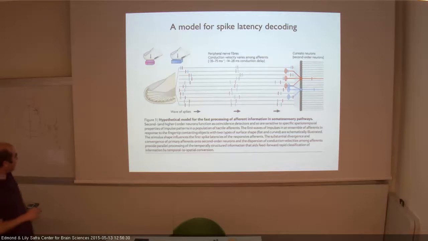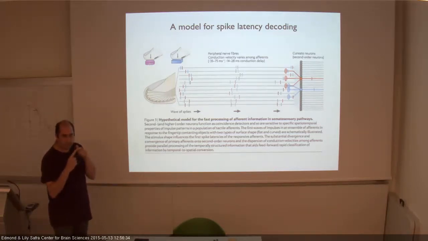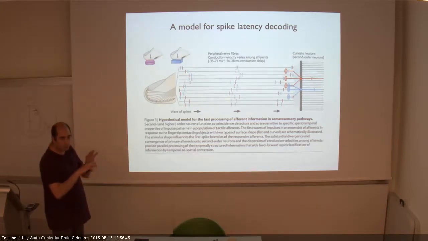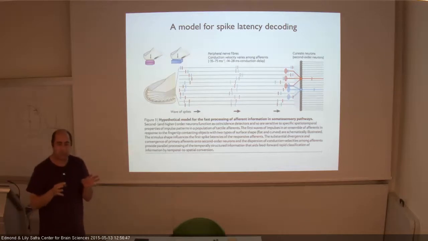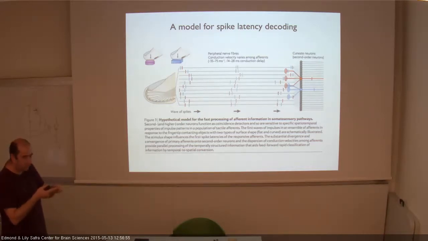This on its own, first of all, means that each one of these receptors feels a slightly different pressure, because obviously the round one will feel less pressure than the flat one. So there is a different distribution of pressure over the hand. That's one thing. The other thing that happens is that they stretch the skin in a different way.